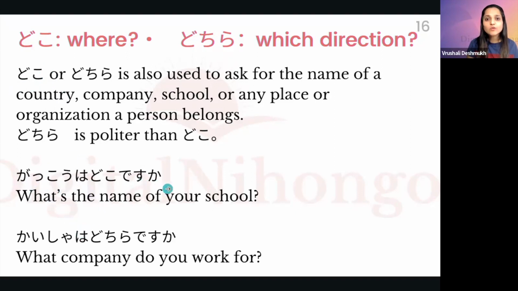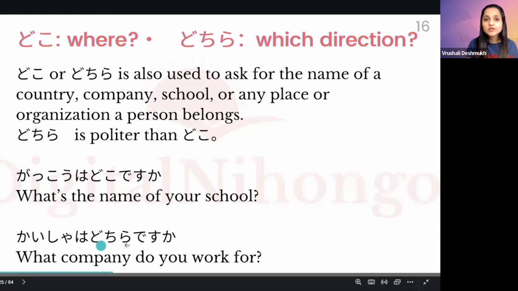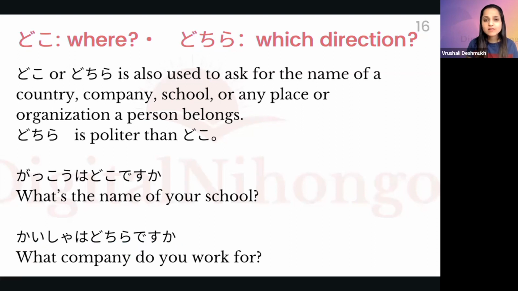Gakko wa doko desu ka? Kaisha wa doko desu ka? This means which company you belong to or which school you belong to. Kaisha wa dochira desu ka? Same question in a formal way. In a more polite setting, you can say Kaisha wa dochira desu ka? So these are the interrogatives doko and dochira.